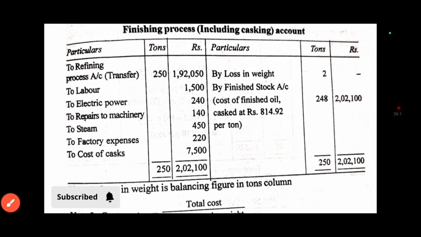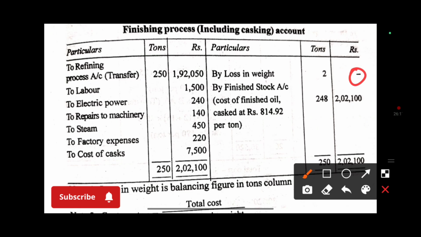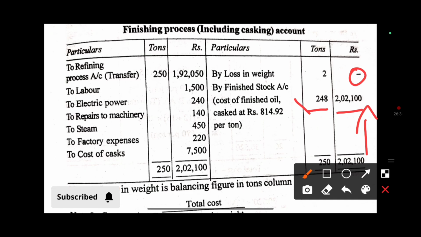There is no scrap or sale on the credit side, so the same total is to be entered on the credit side as the balancing figure, 2,02,100 rupees. So the output value of the finishing process account is 248 tons and 2,02,100 rupees. Against this value you are going to write 'by finished stock account'.